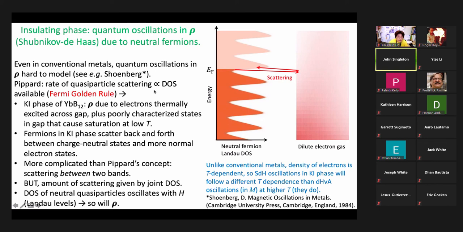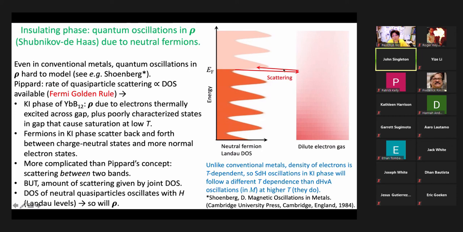Now we have a similar sort of argument in the Kondo insulator phase, but this time the charge is being carried just by the dilute electron gas, which is due to excitation across the band gap and some mid-gap states which give you that saturation.